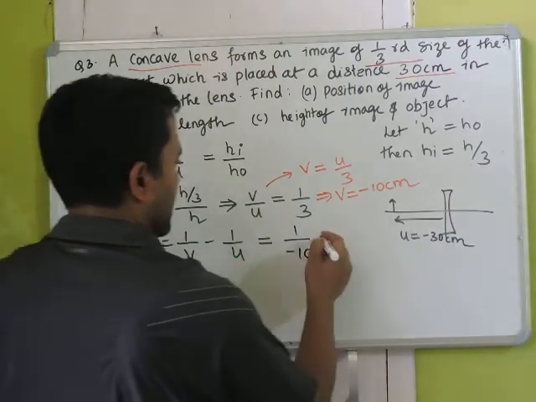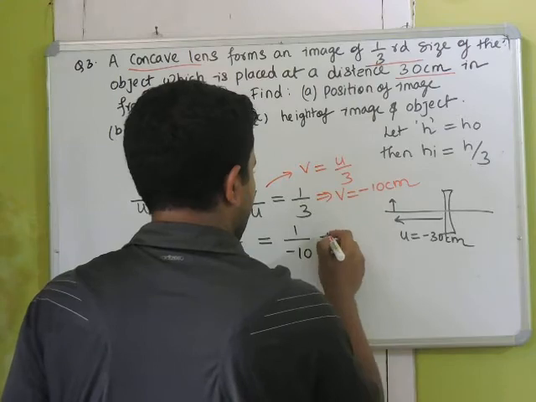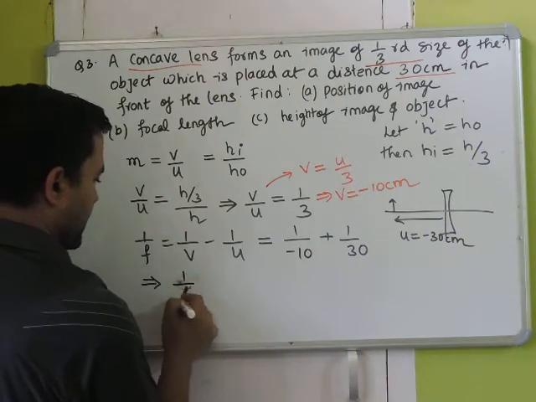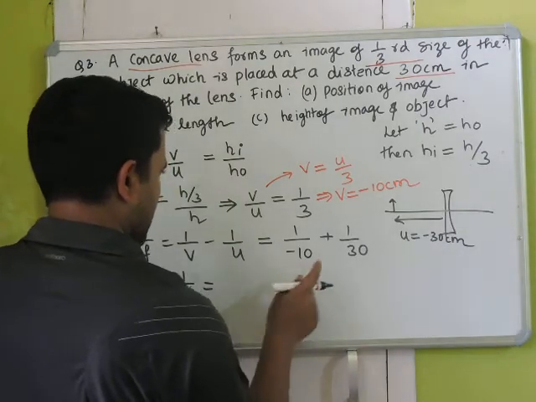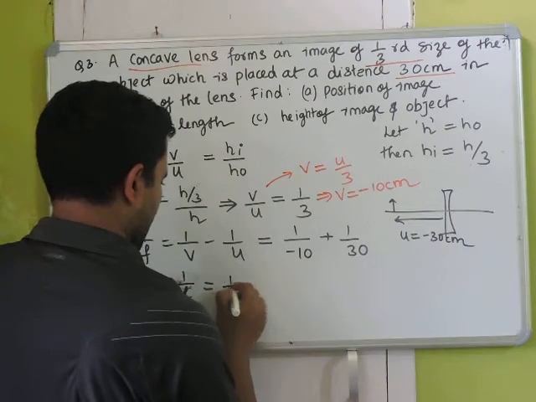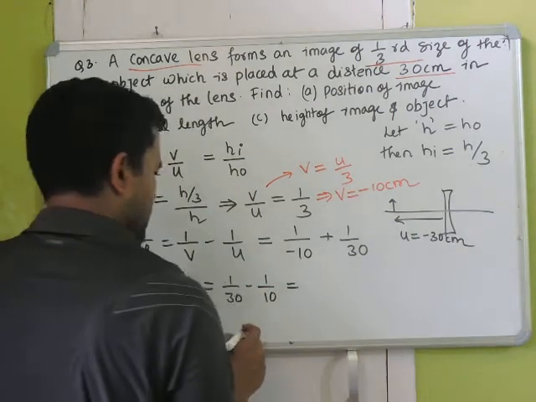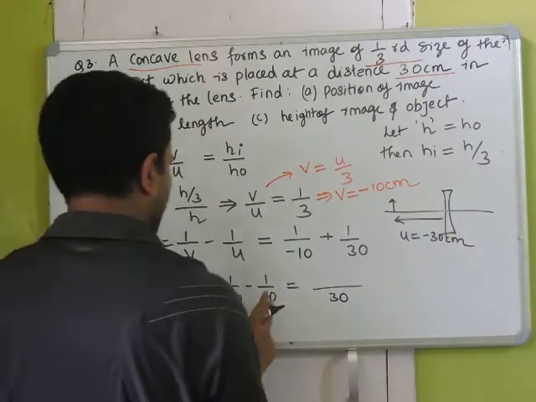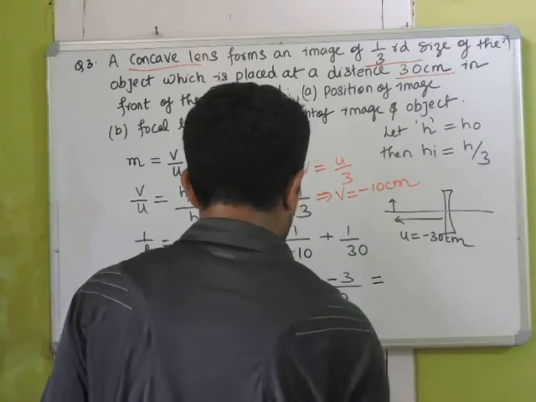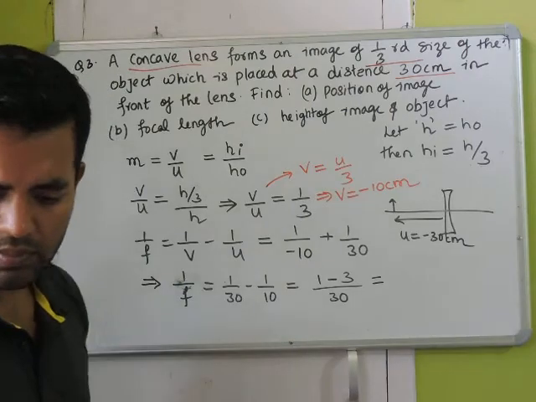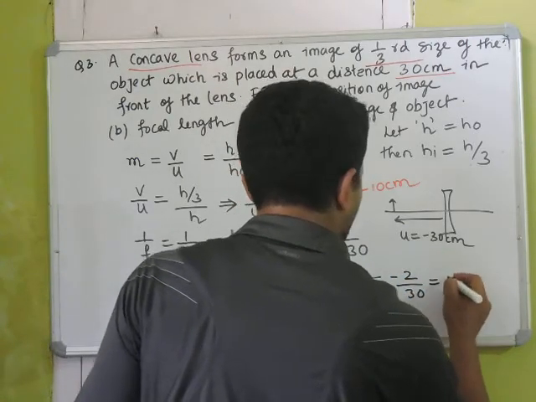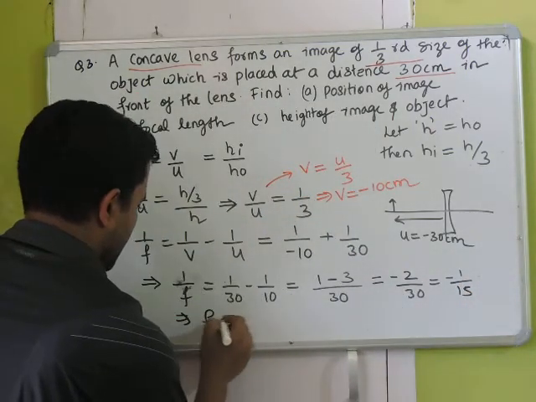This is minus and u is minus, so this will become plus, so 1 by f is going to be minus 1 by 10 plus 1 by 30, which is minus 2 by 30, so minus 1 by 15, so f is minus 15 centimeter.